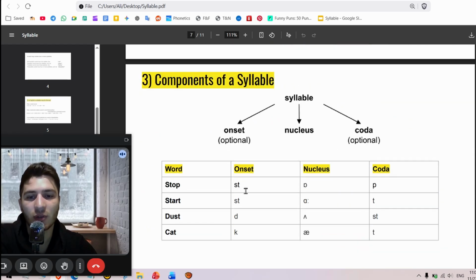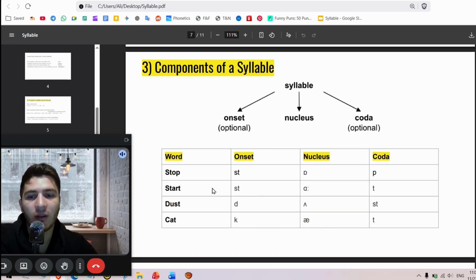That's why we chose st as our onset, and our nucleus is short O. Our coda is p, which follows our nucleus. Or if we look at the word start, our onset is still st, but our nucleus is a long A, and our coda is t.